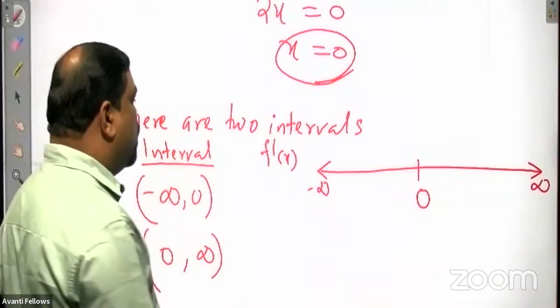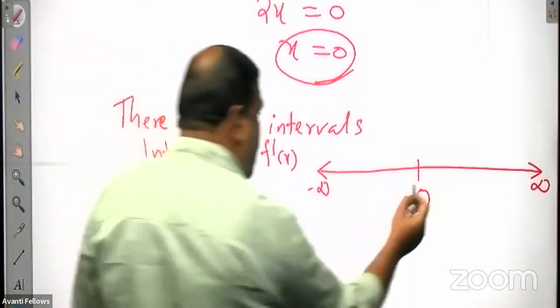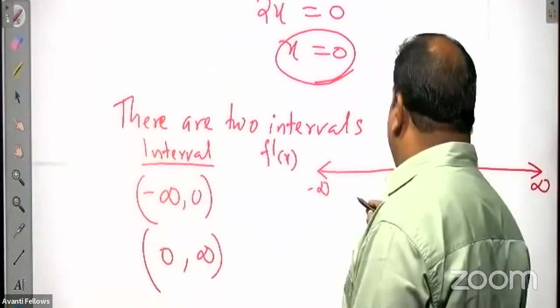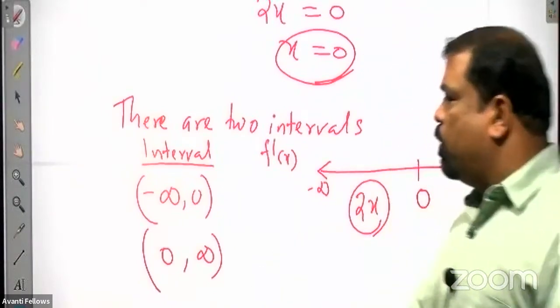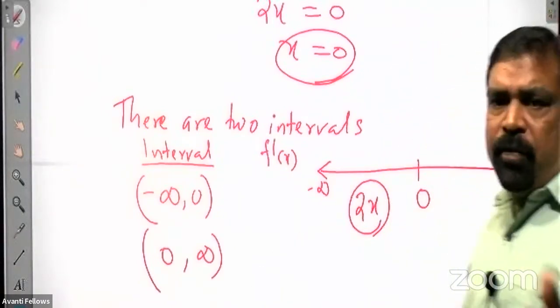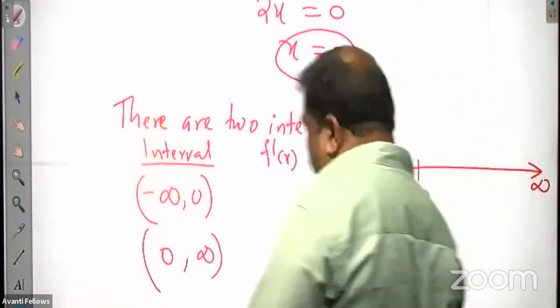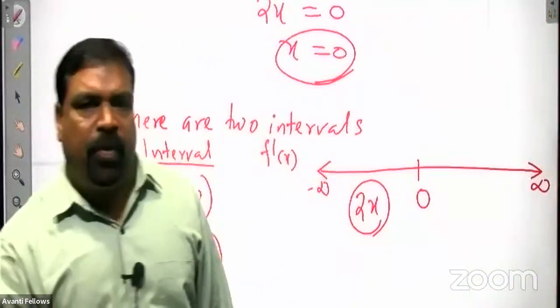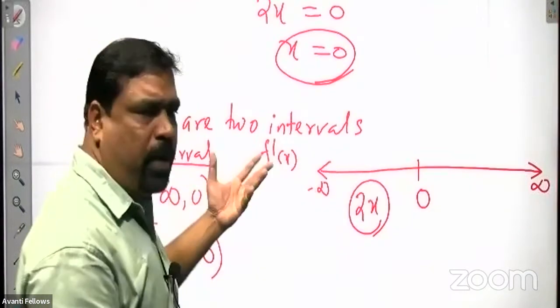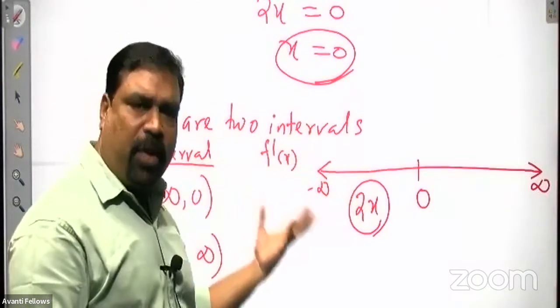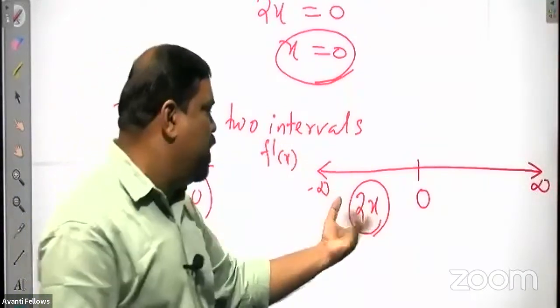So what is the derivative actually? 2x. In this interval, what will be the sign of 2x? For that, you can take any value from that interval, any number, -1, -2, -3, whatever, and substitute it in the derivative.